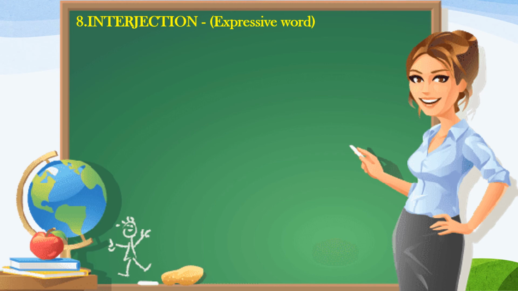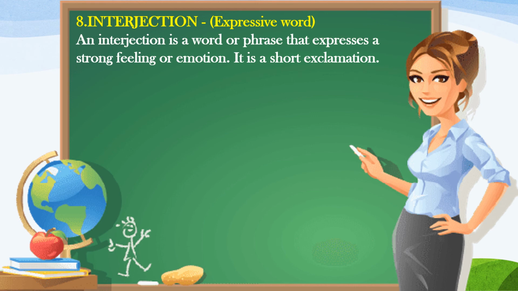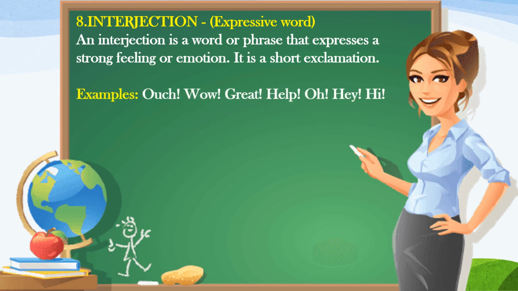The interjection, or expressive words. The interjection is a word or a phrase that expresses a strong feeling or emotion. It is a short exclamation. We all use it, and they are very nice.